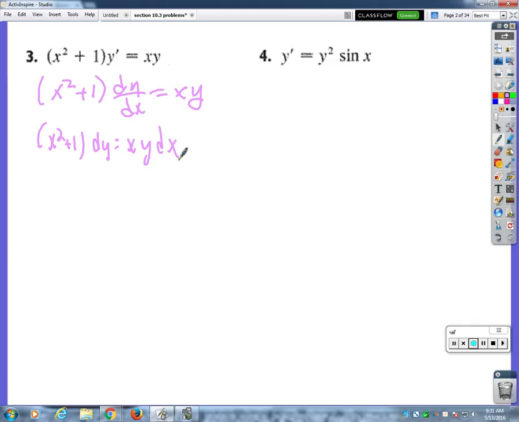Okay? So that means the y's go on the left side and the x's go on the right side. So I have to divide, and they're going to go to war. So I have to divide both sides by y, and I have to divide both sides by x squared plus 1.